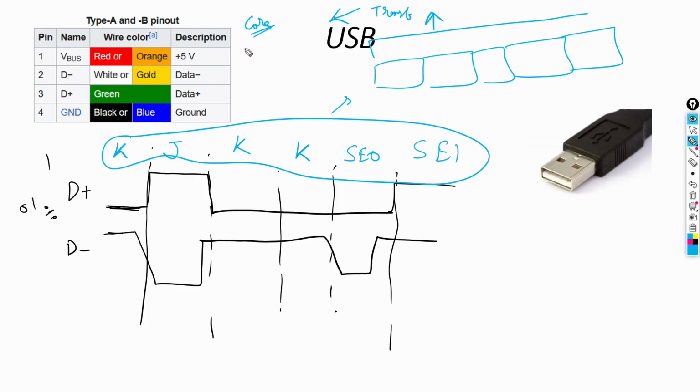The core is basically either a host or a device. Now the host is our PC or laptop. A device can be our mouse, keyboard, and what else? Printer, webcam. Okay. Any questions here?